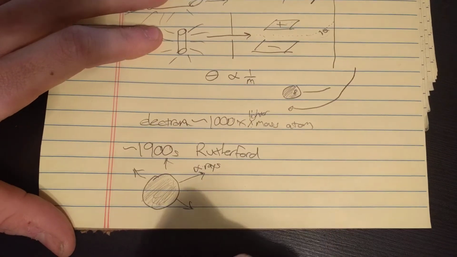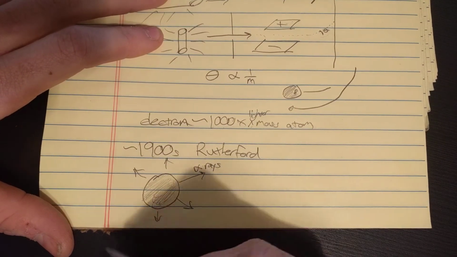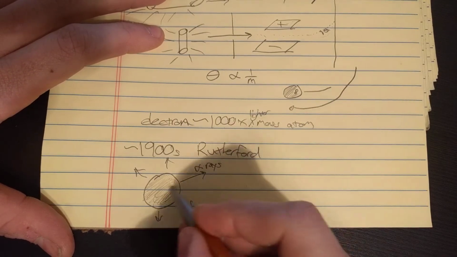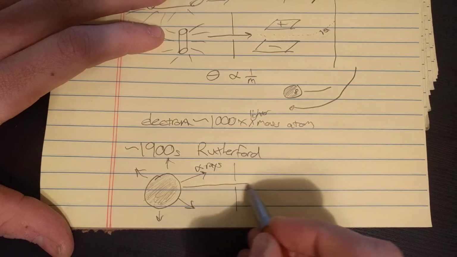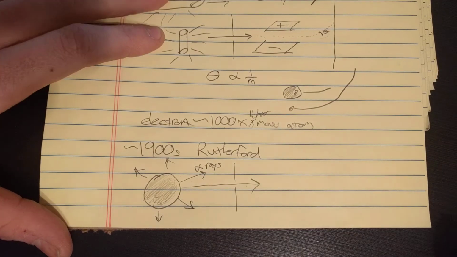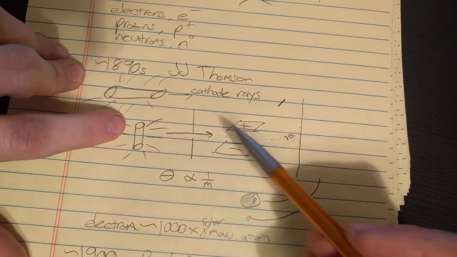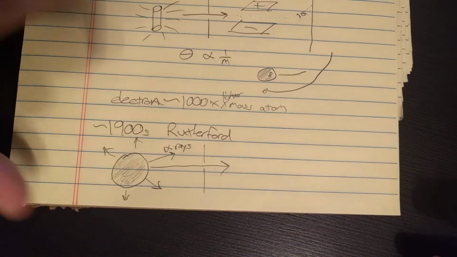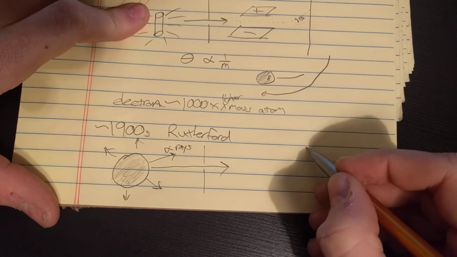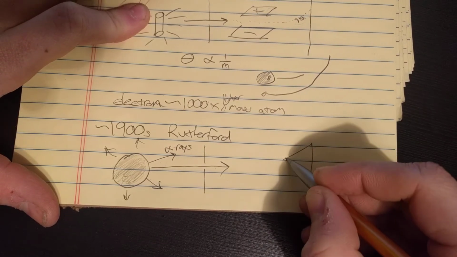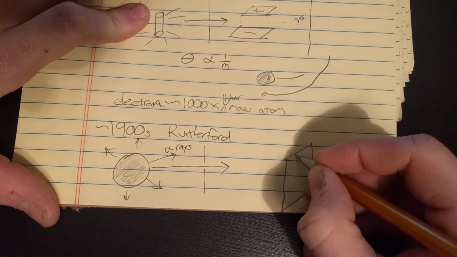Well, Ernest Rutherford, learning under the great J.J. Thomson, must have learned something, because he took those alpha rays and put them through a single slit, just like J.J. Thomson put the cathode rays through a single slit. And what Rutherford did with these alpha rays was strike them onto a gold foil.